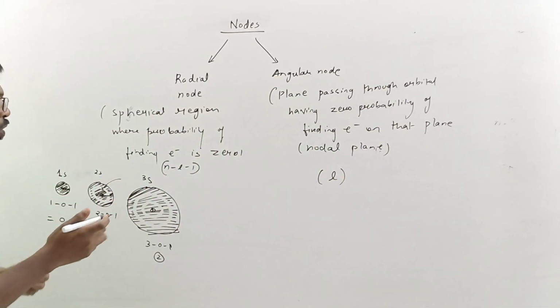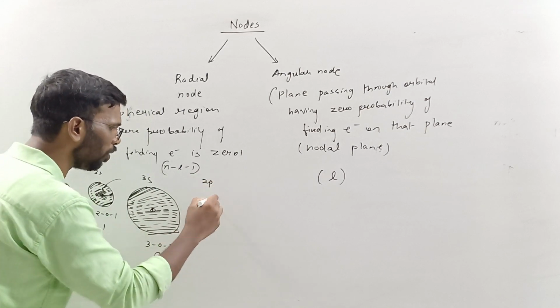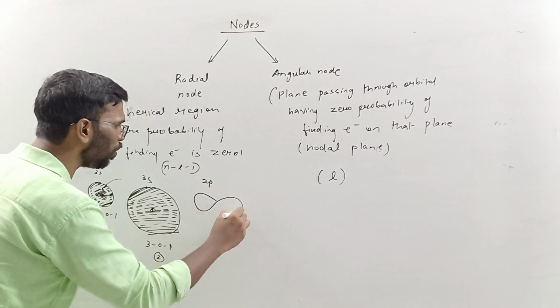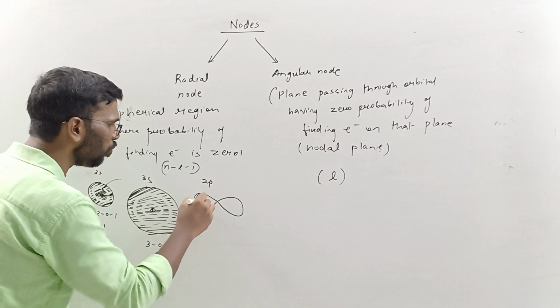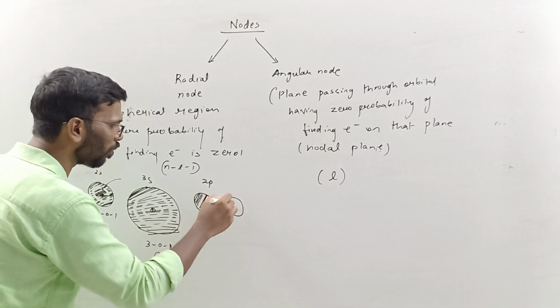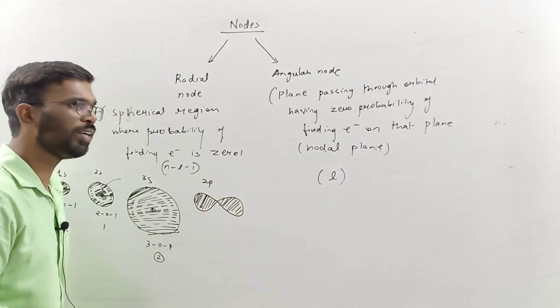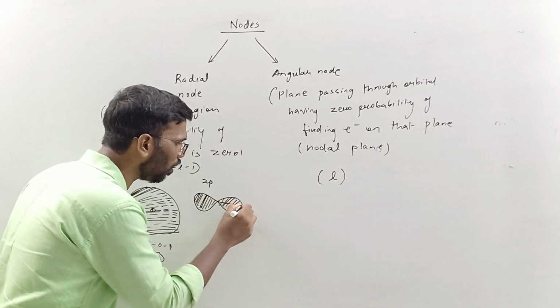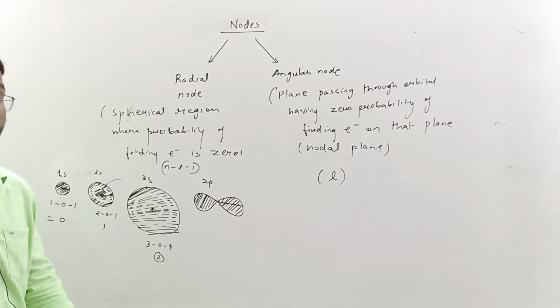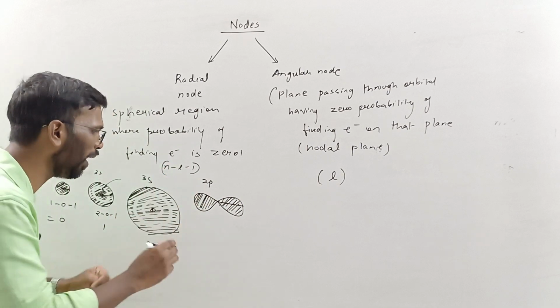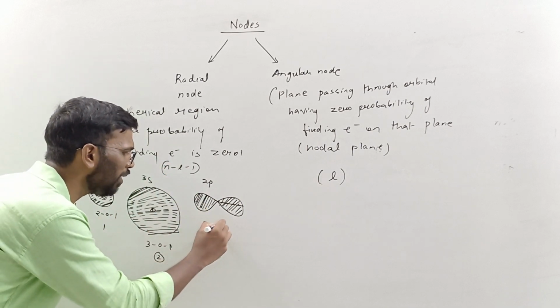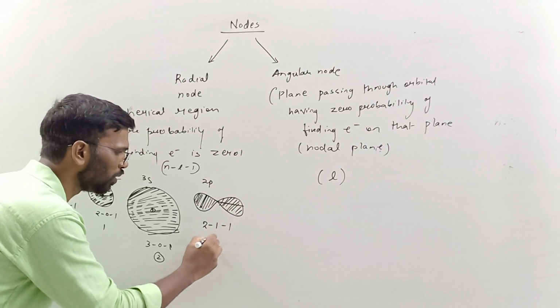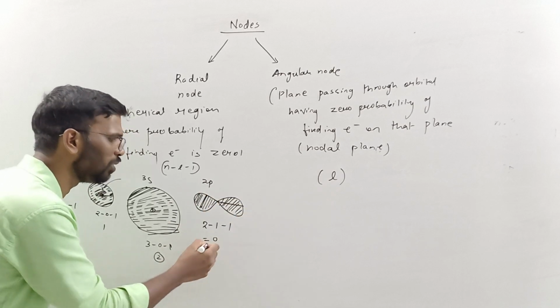Then if I talk about a 2p orbital, let's say this is a 2p orbital, and this is a region where the chances of finding the electron are maximum. How many radial nodes will be there? If we go away from the center, there will be zero radial nodes for the 2p orbital. Why? Because n is 2, minus l which is 1, and minus 1. So by the formula, there are 0 radial nodes.